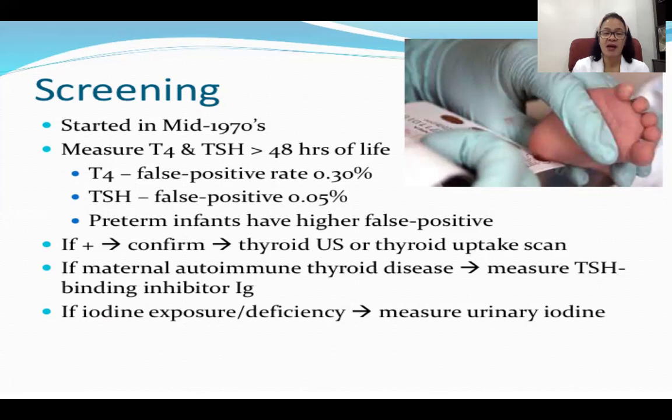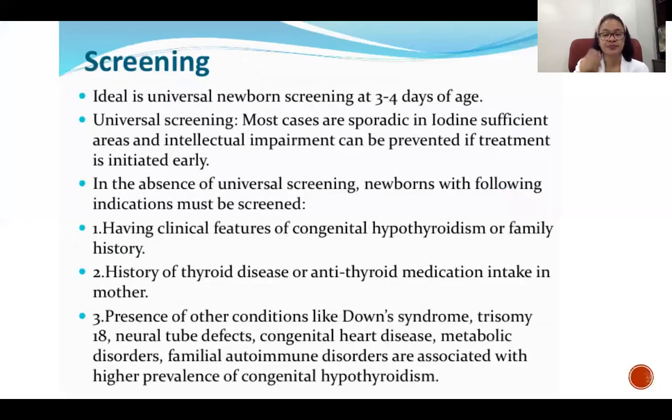Since the most common is thyroid dysgenesis or agenesis, you need to do your thyroid ultrasound or thyroid uptake scan. If you are entertaining maternal autoimmune thyroid disease, you need to measure the TSH binding inhibitor immunoglobulins. And if you are entertaining possible iodine deficiency, you need to measure urinary iodine.